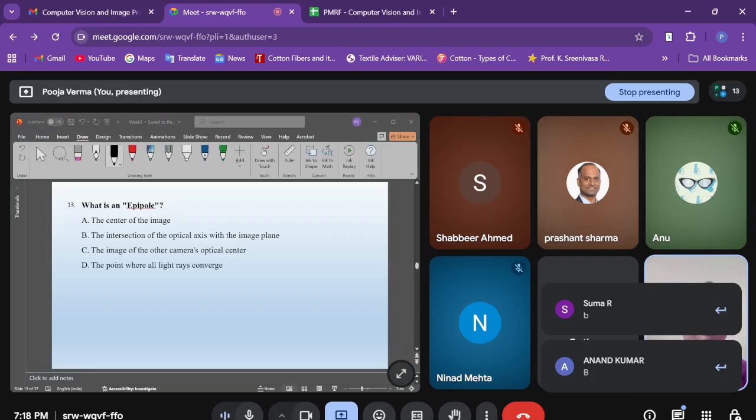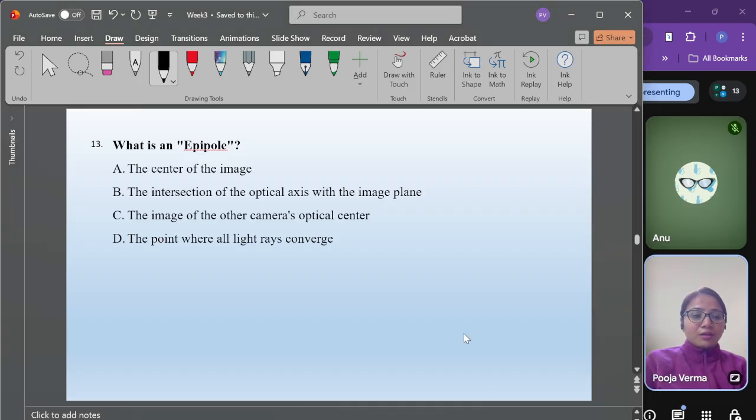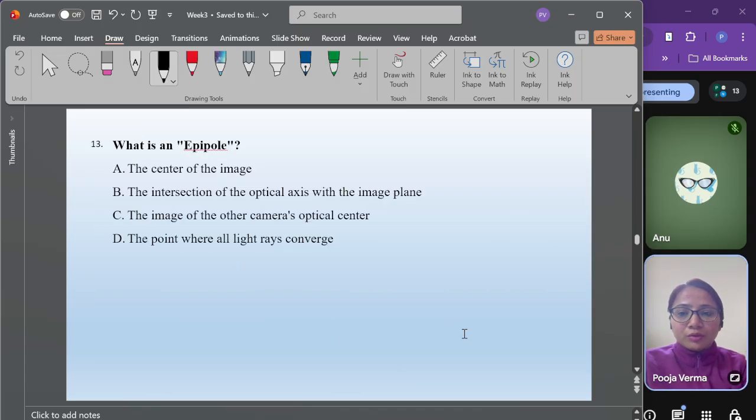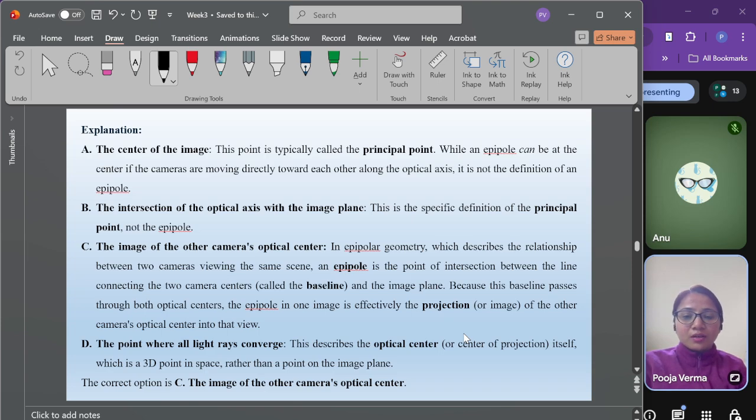Most of you are saying that option B is the correct answer. Okay, so let's see the detailed solution here. First we will go through each option, then we will see which one is the correct answer.